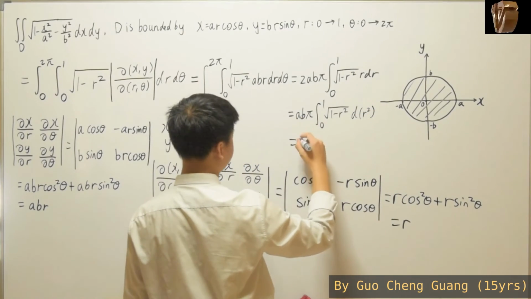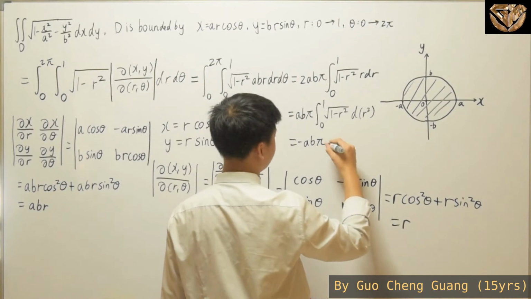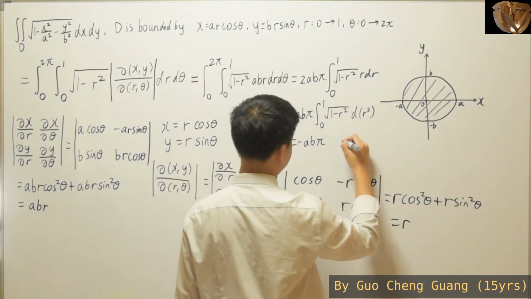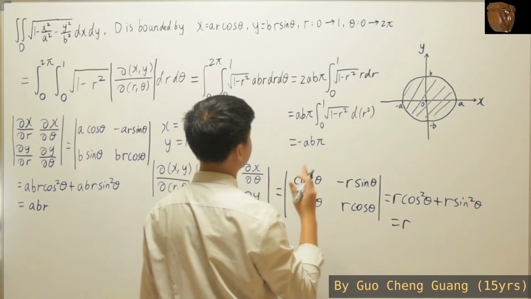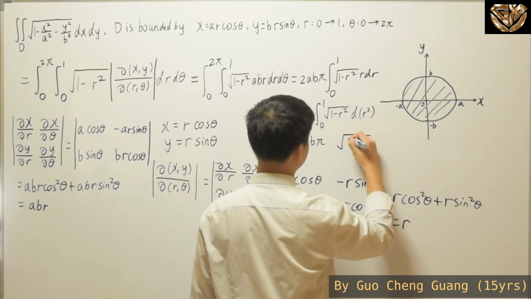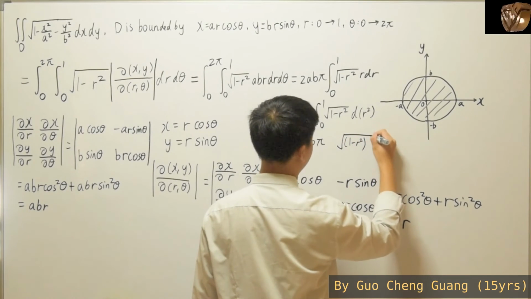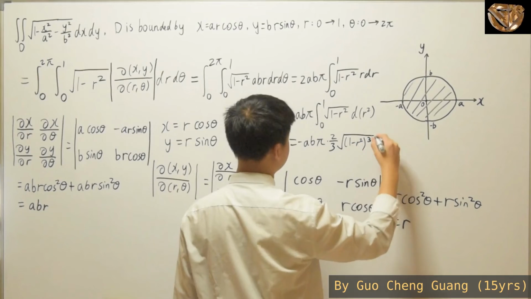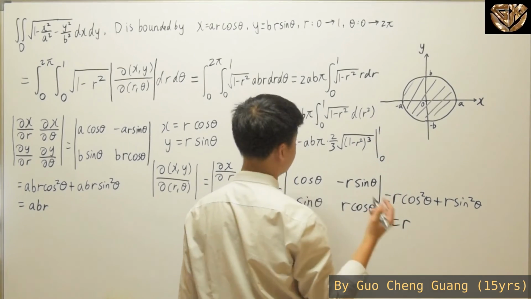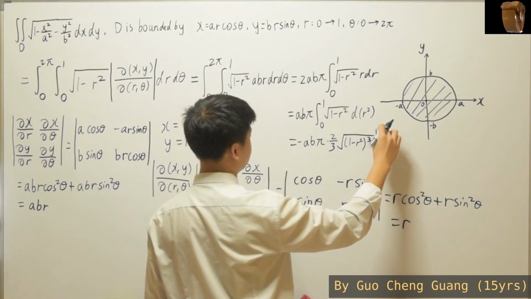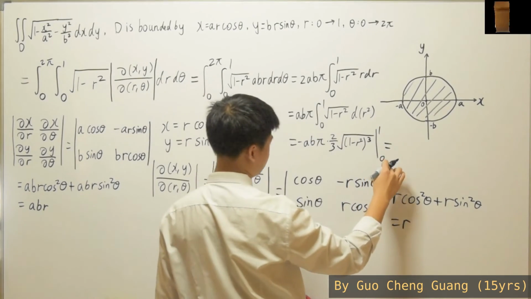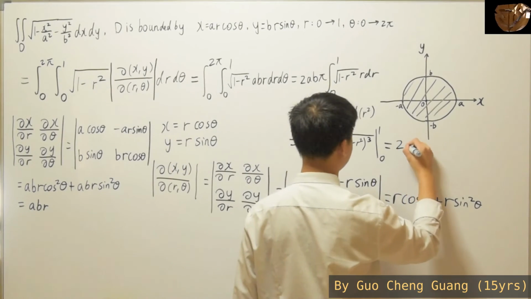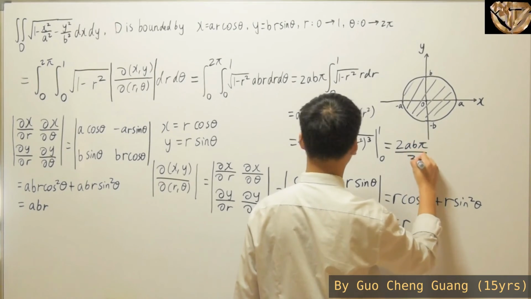So negative, and this will give you, so you can also directly integrate that at the same time, which square root 1 minus r square would give you square root 1 minus r square to the power of 3, but you have to multiply 2 over 3 in front, and then substitute in r is equal to 1 and 0. So the first part, when you substitute r is equal to 1, it's just 0. Then you substitute r is equal to 0, so this part is 1, but you have another negative. So your final answer will be 2ab pi over 3.